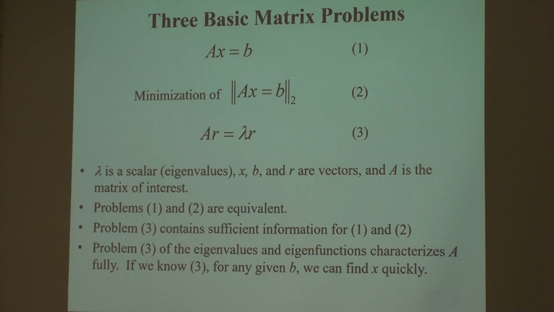A good example is least square fit. It's not exact, but I would like to minimize a vector, and the vector is Ax minus b. These two you can easily prove: if you know how to solve one, you know how to solve the other.